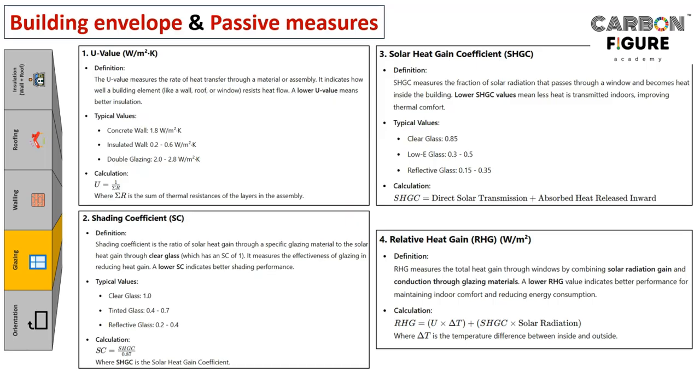So it's a better resistance towards the heat passage. And same way, double glazing, you can see 2.0 to 2.8. So you should understand, a completely blocked concrete wall has a lesser number and glazing has a bigger number.